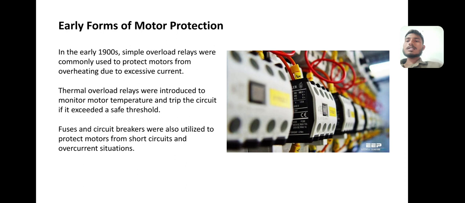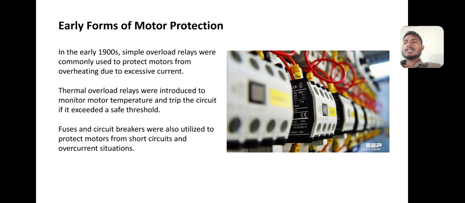When it exceeds the threshold value, the winding temperature will rise, so these thermal overload relays were used to monitor the temperature, and they trip the circuit so that the motor is safe.